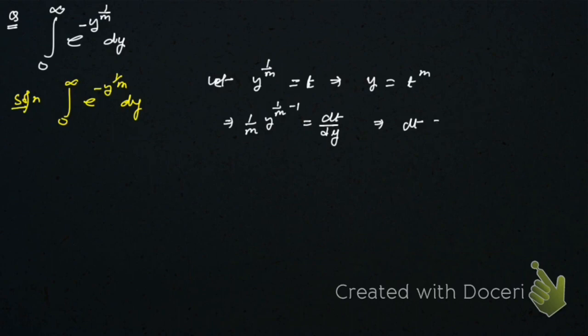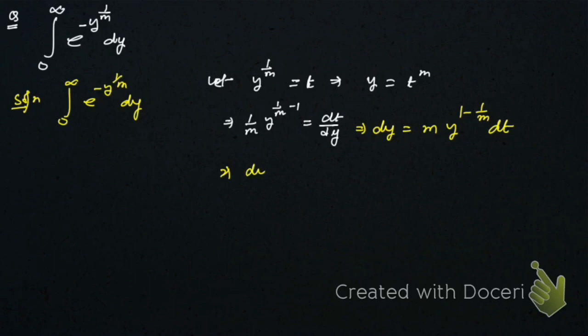So from here you can write dy is equal to m y to the power 1 minus 1 by m dt, right? So hope you have understood what we have done.